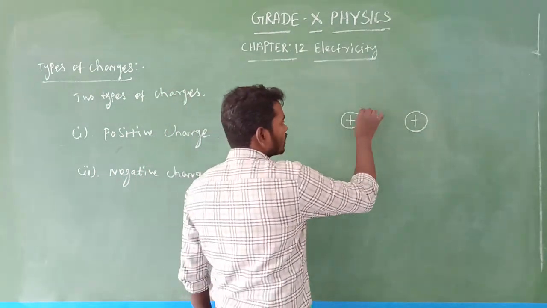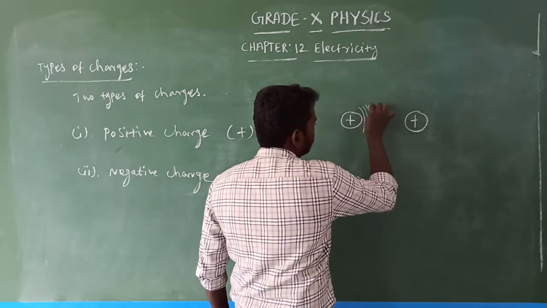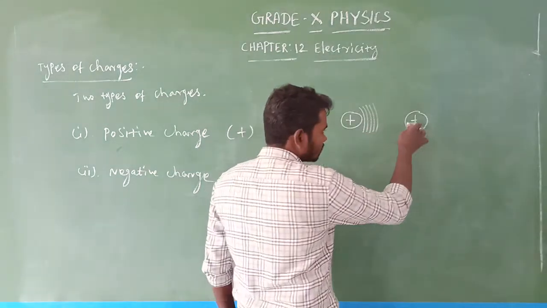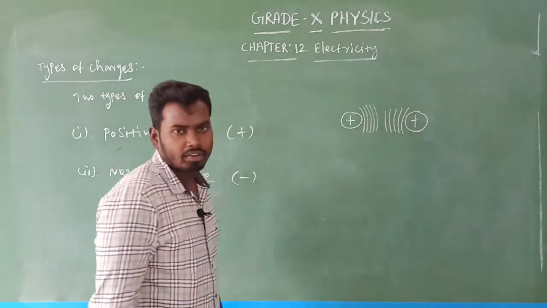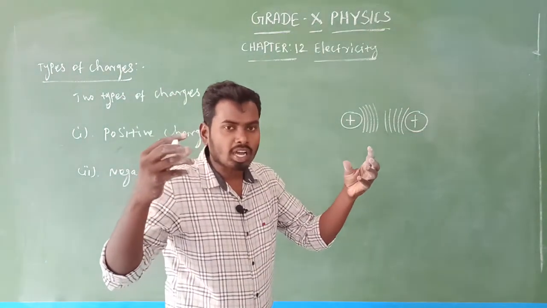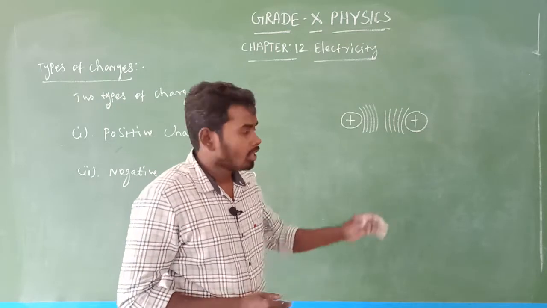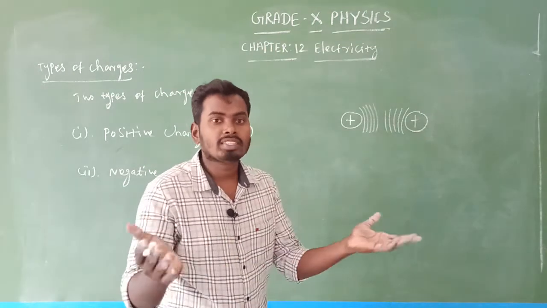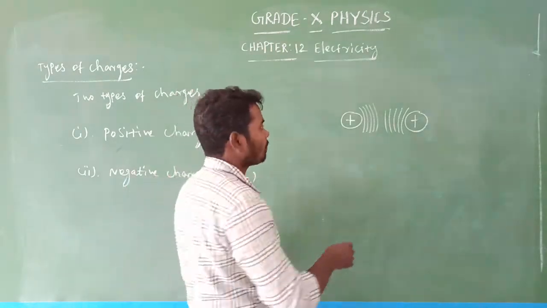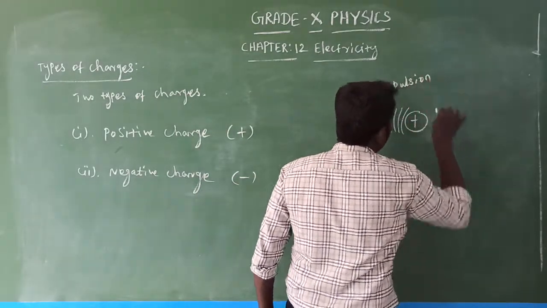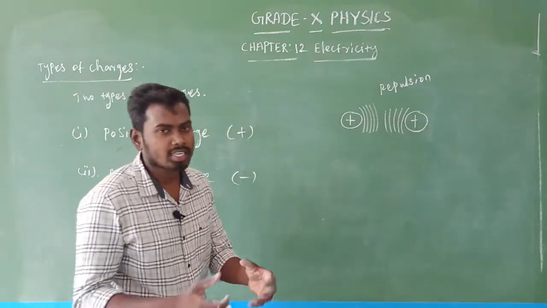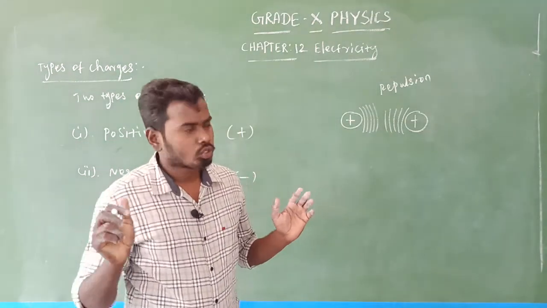Yes, this positive charge creates a positive electric field, and this positive charge also creates a positive electric field. So when we bring the two positive charges close to each other, what will happen? There will be repulsion. Okay, the force of repulsion here, which means the two charges repel each other.